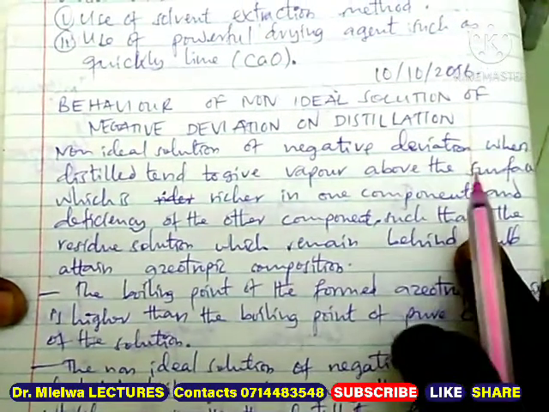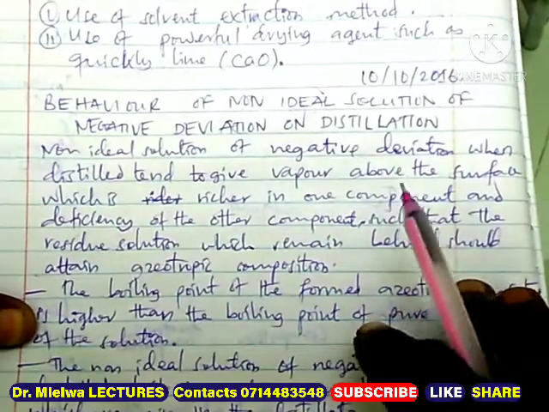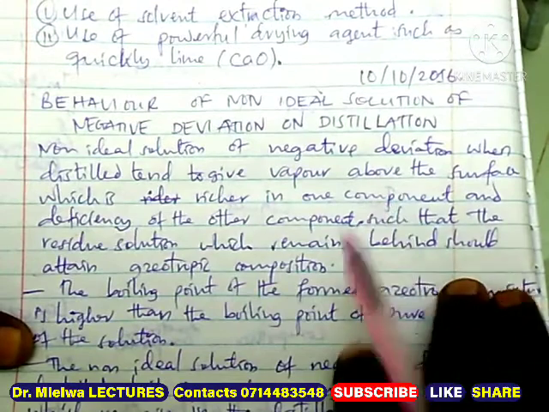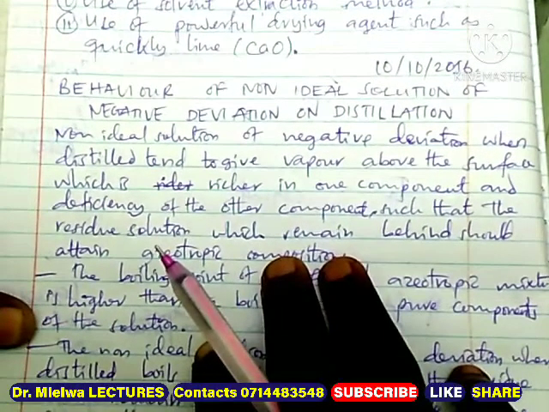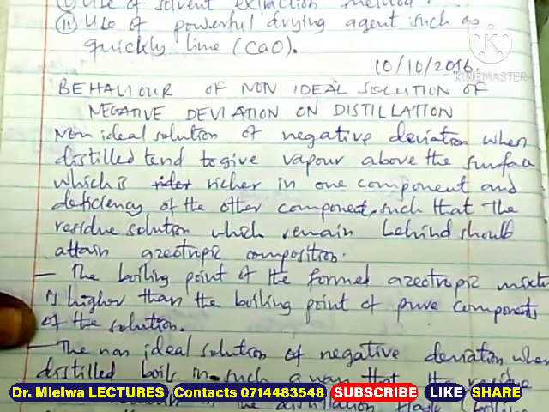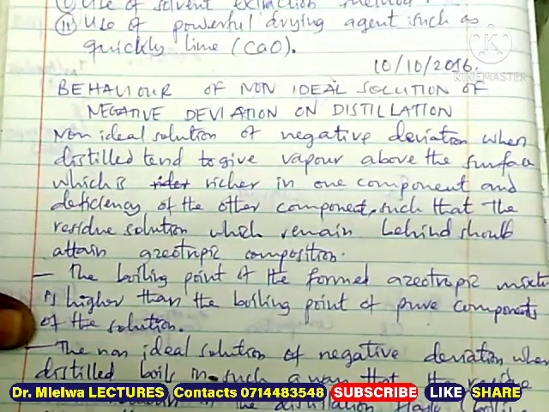So today let's go on and touch on a few differences between what is happening in the non-ideal solution of positive deviation and negative deviation, and a few things you need to remember in understanding non-ideal solutions.